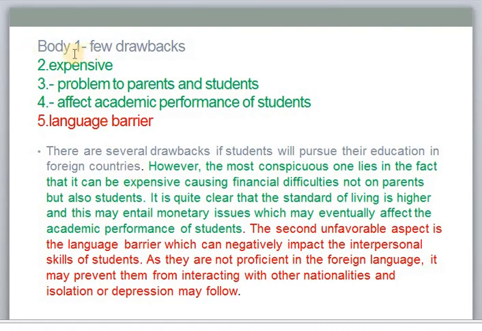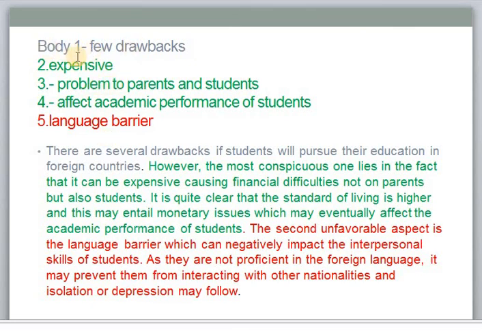For body 1, you'll be writing the drawbacks. Basically, the first sentence is your topic sentence. Your topic sentence is like your introduction on what you will be writing for your body. So you have to make sure that your topic sentence is clear. So since you will be writing the drawbacks, that should be on your first sentence or your topic sentence. So here, sentence number 2 is expensive.